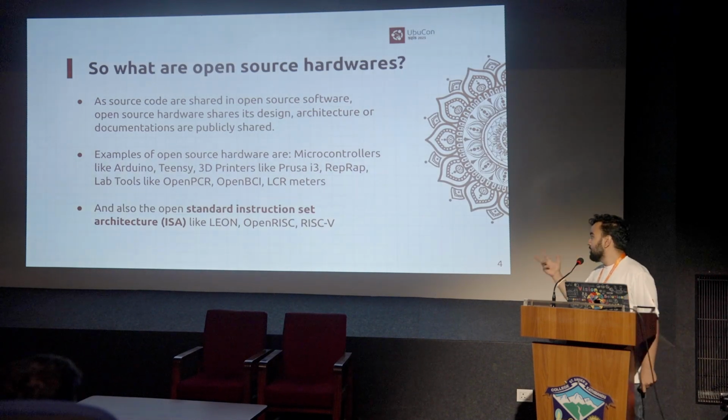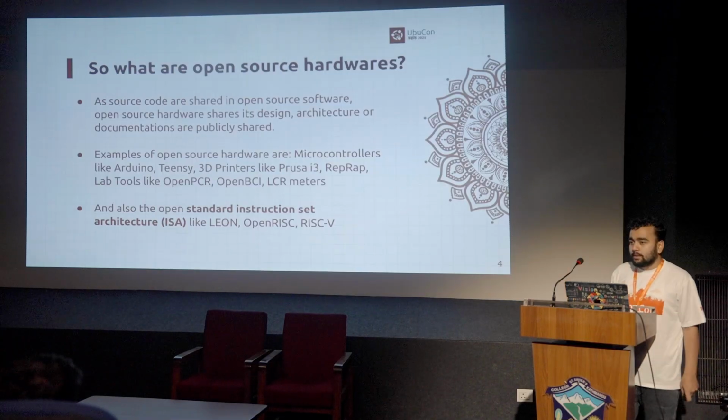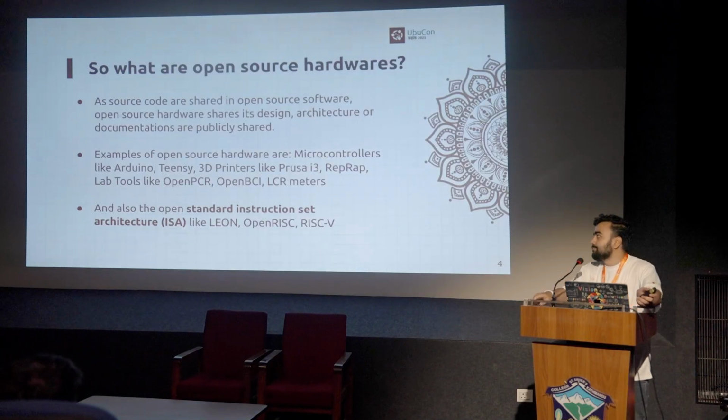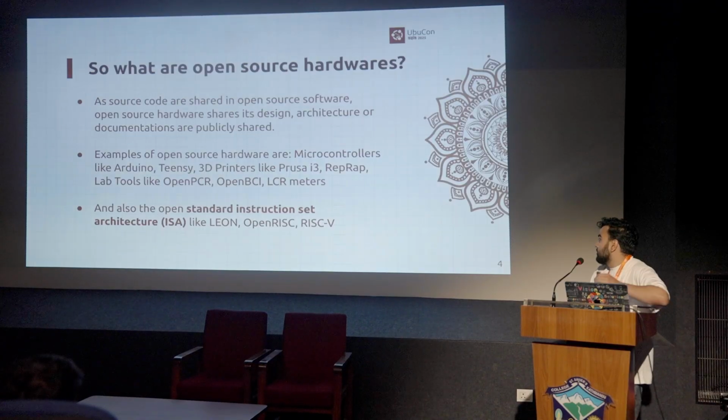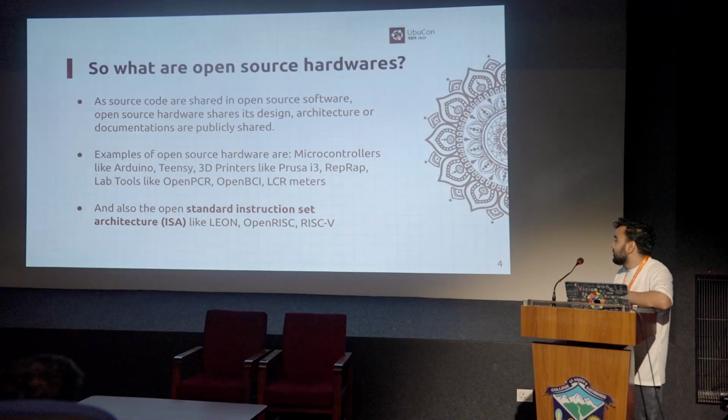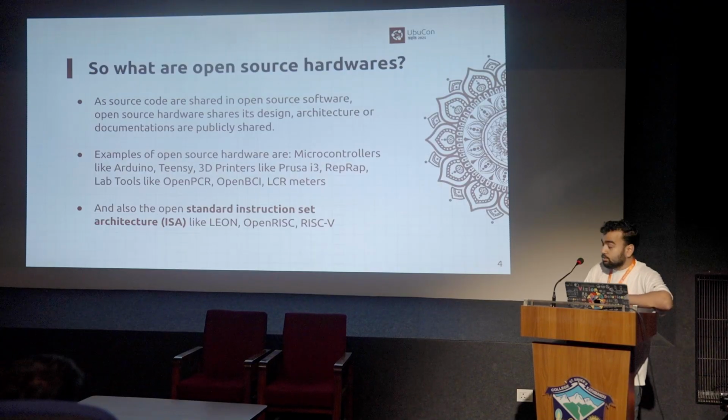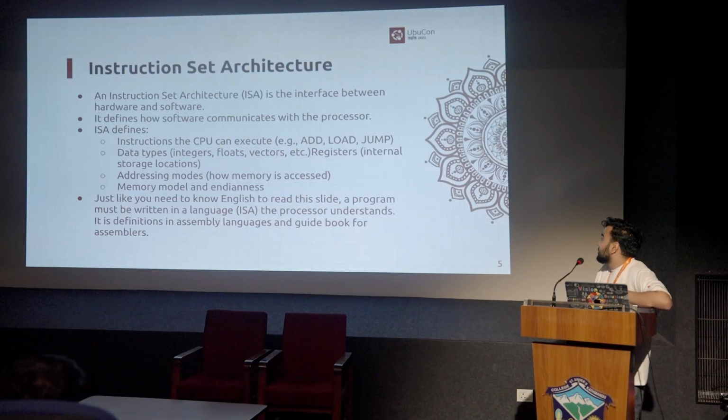OpenRISC, RISC-V, and Leon are some instruction sets under open source hardware. So what is an instruction set architecture? Just now we mentioned the standard instruction set architecture and some examples.